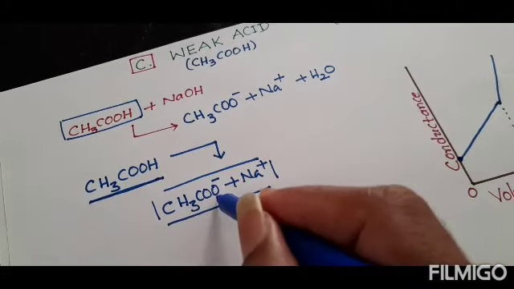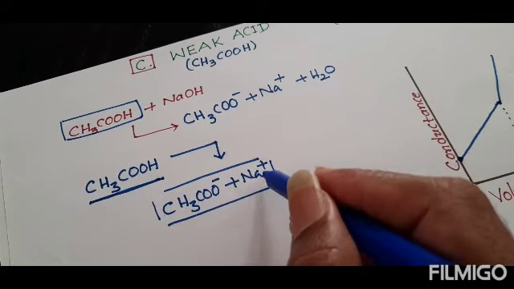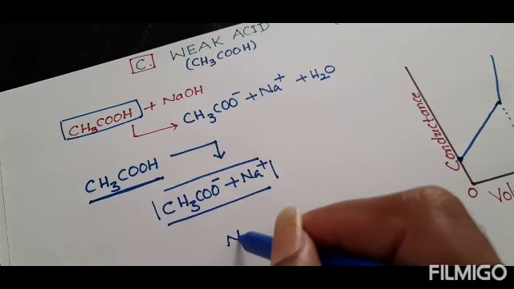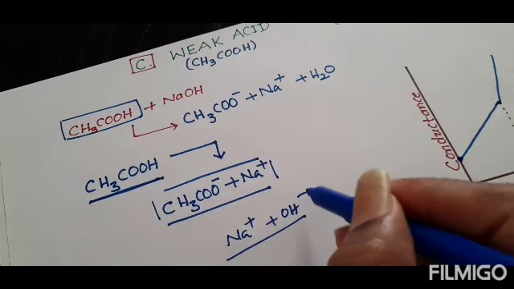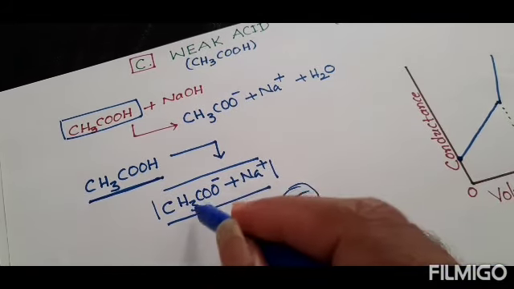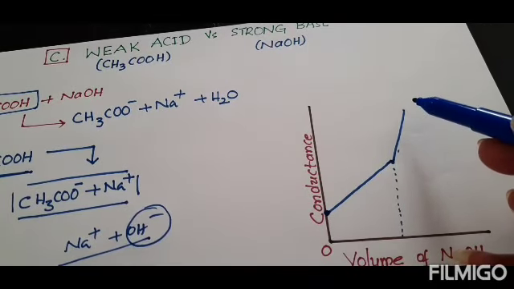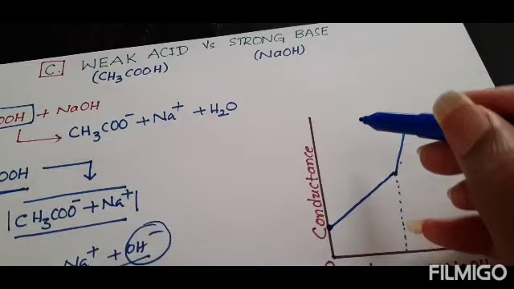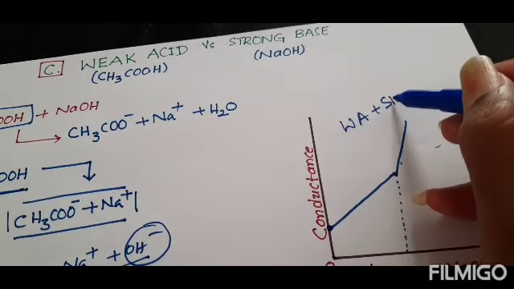Initially you have the acetate ion and Na plus before reaching the end point. After reaching the end point, the Na plus and OH minus number will increase. OH minus has more mobility than acetate ion, so such a steep rise is represented. This is the curve for weak acid and strong base.